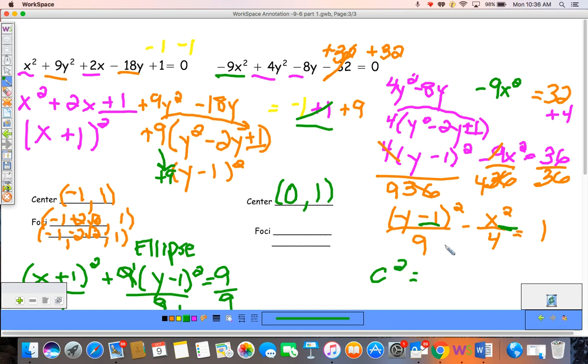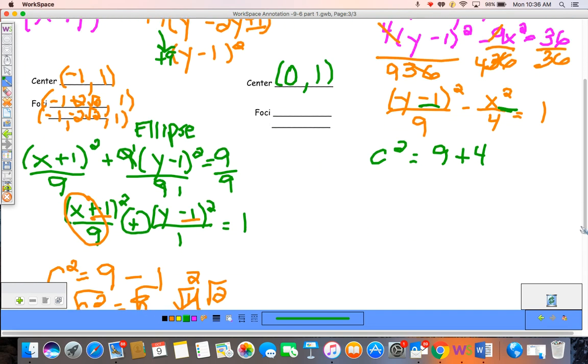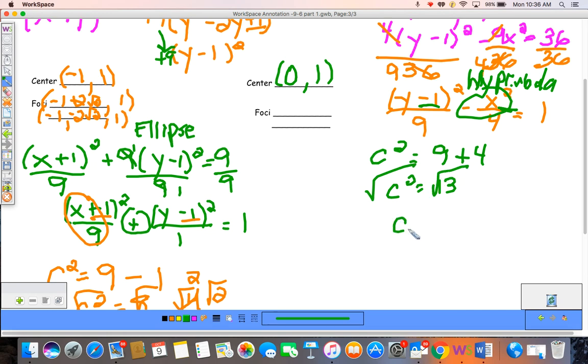So c squared equals, in this case, once again, you're adding this for a hyperbola, which is what this is. Hyperbola. We knew that because one of yours is negative. So 9 plus 4, oh boy, that's 13. So square root that. So once again, kind of an ugly one here, but square root of 13 is all you can simplify there.